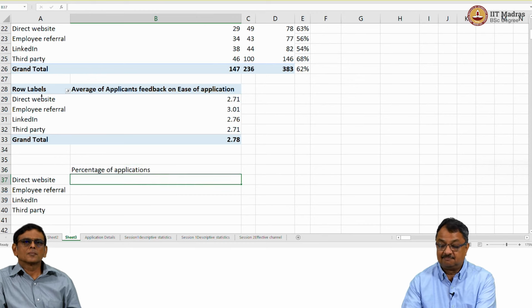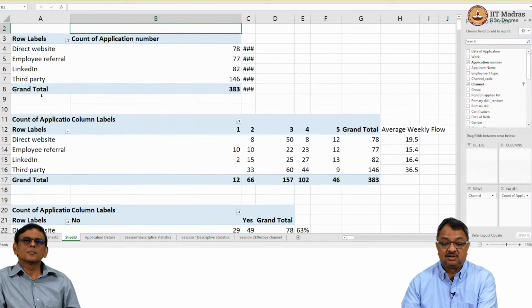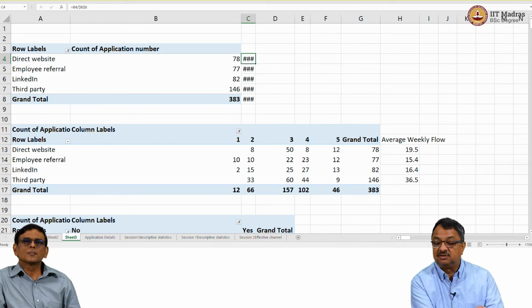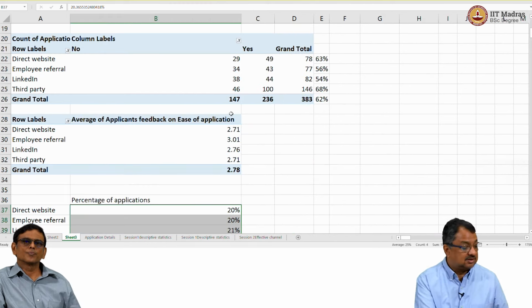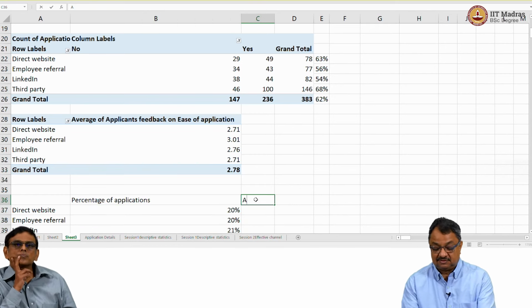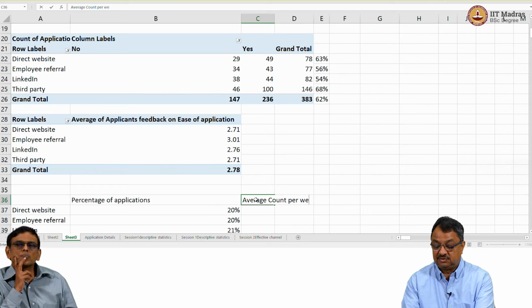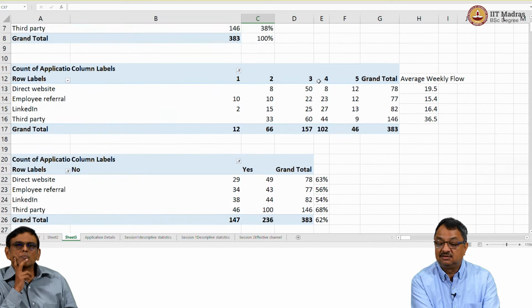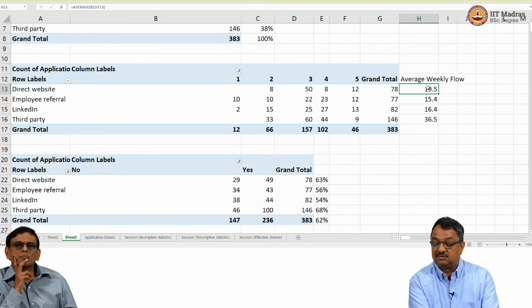This was the percentage. The next thing is average count per week. So we had that as well. That was this.